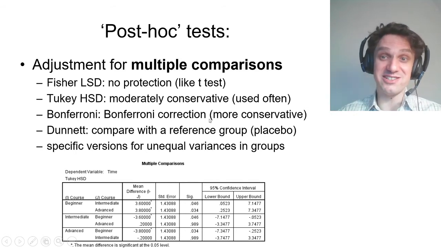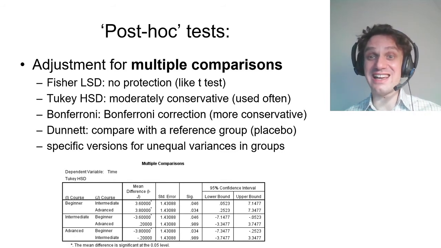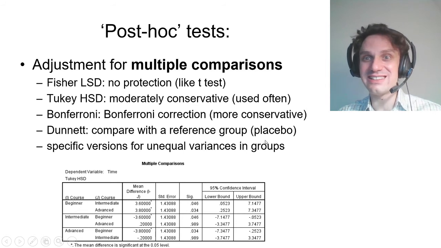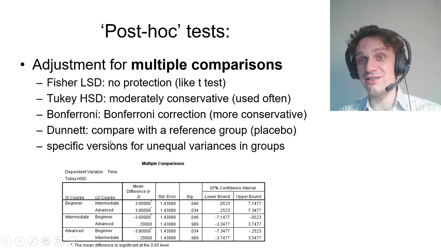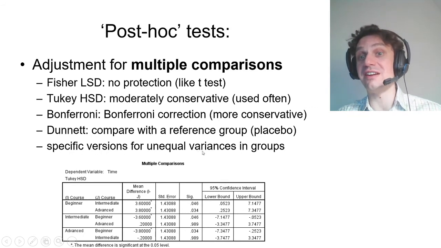However, it's extremely conservative, so you won't see any results by chance, but you will also cut into your statistical power. And in case you have a control group, you might want to use a Dunnett test, which compares all groups against one of them. Or there are specific versions of these tests for unequal variances.